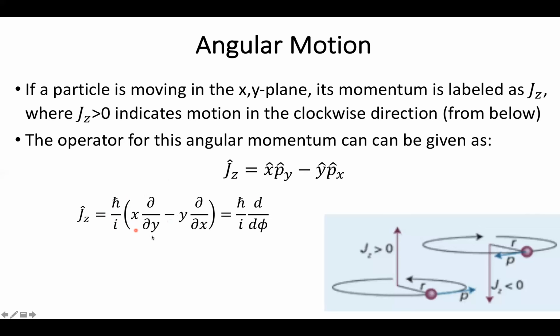Now, it turns out that the central term is also going to be the same thing as the first derivative with respect to phi. So again, phi is the angle around the circle that we're moving. So by switching from Cartesian directions to cylindrical directions, we actually simplify our system immensely, because now I can get my angular momentum in the z direction simply by taking a first derivative with respect to phi, which is going to become immensely useful.